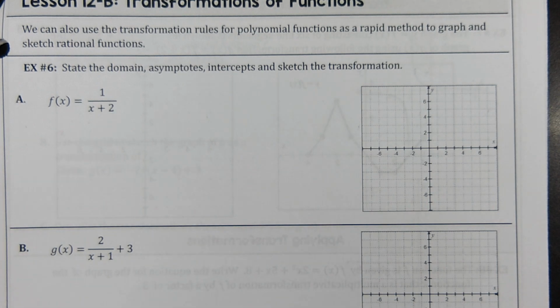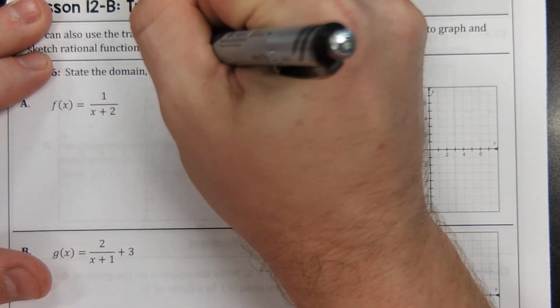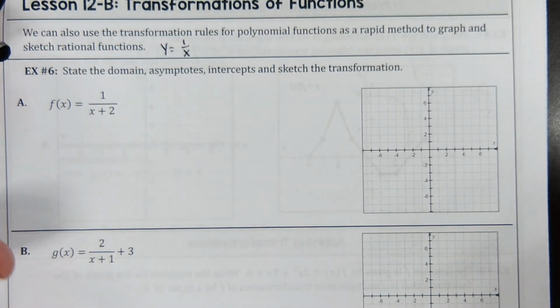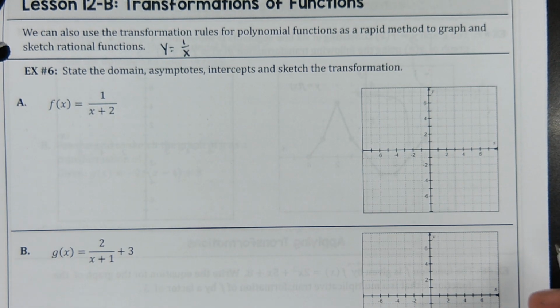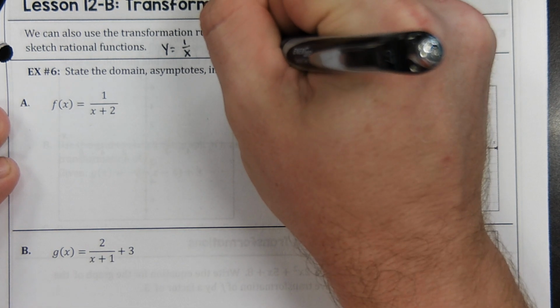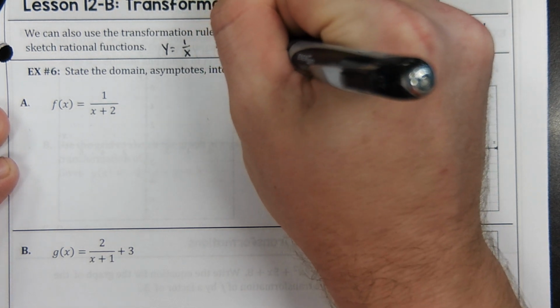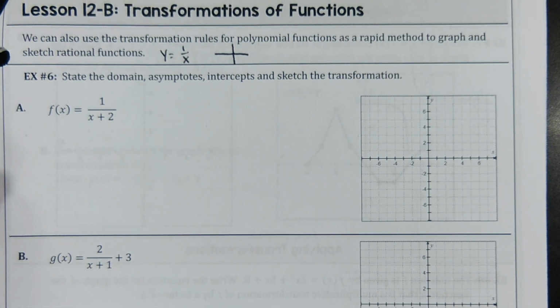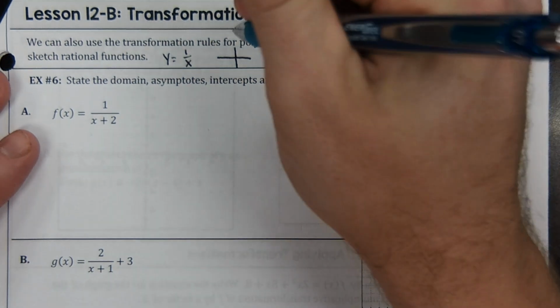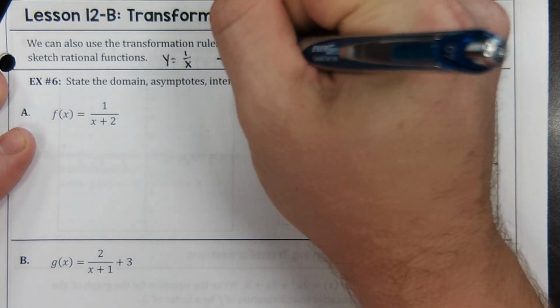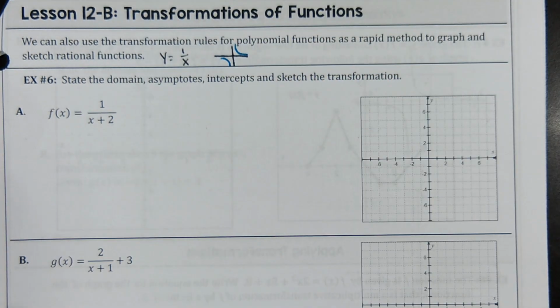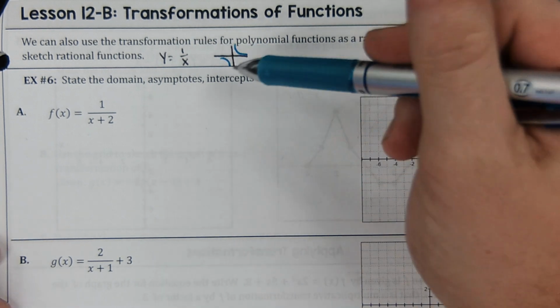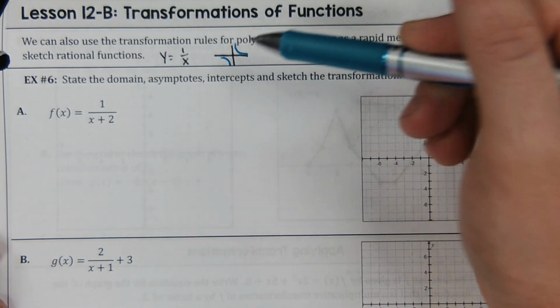What we're talking about here is the graph of y equals 1 over x and its transformations. This is the parent reciprocal function. It has a vertical asymptote that is the y-axis. It has a horizontal asymptote that is the x-axis. And it looks like this. Shifting left and right will shift this vertical asymptote left or right.